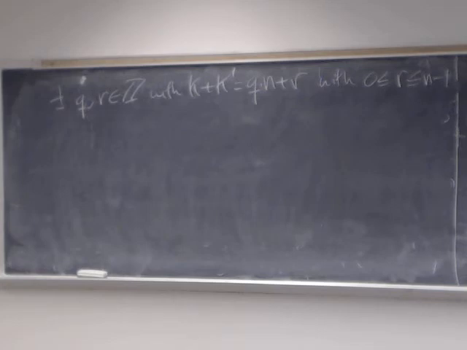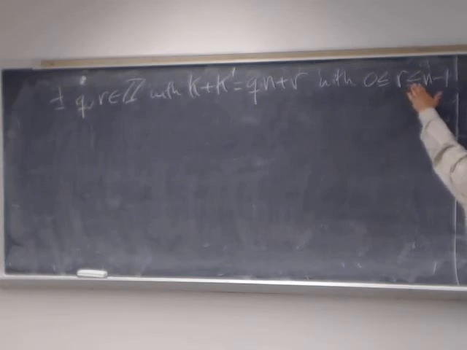Often the division algorithm is stated where the remainder is strictly less than n, but an integer strictly less than n is the same thing as an integer that's less than or equal to n minus 1.